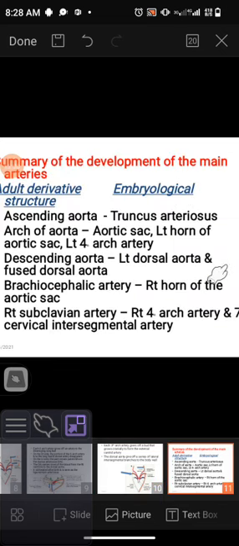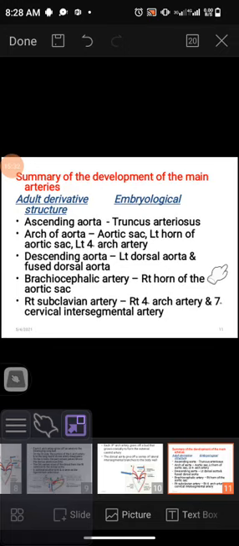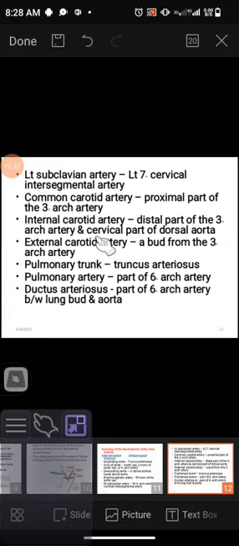This is a summary of the formation of the main arteries. If possible, you can screenshot these and make sure you commit them to memory. The ascending aorta is coming from the truncus arteriosus, and we also have another structure coming from the truncus arteriosus, the pulmonary trunk.